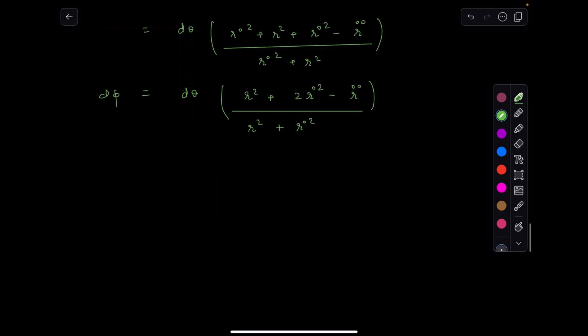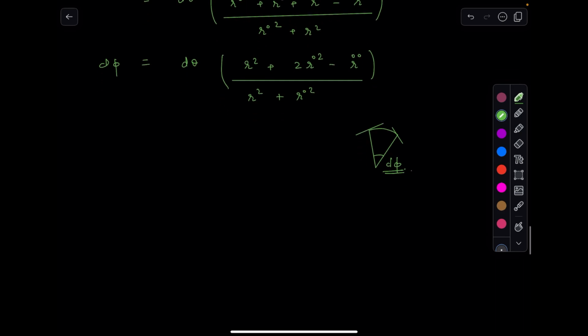Now we can find the radius of curvature, as we know the angle by which the tangent has rotated. The tangent has rotated by an angle of d phi, so the normal has to be rotated by the same angle, and the angle is d phi.